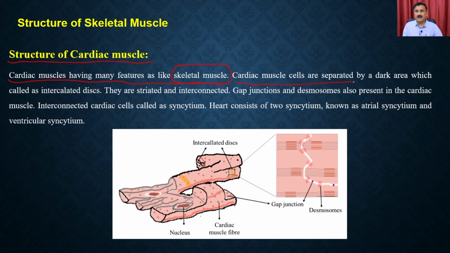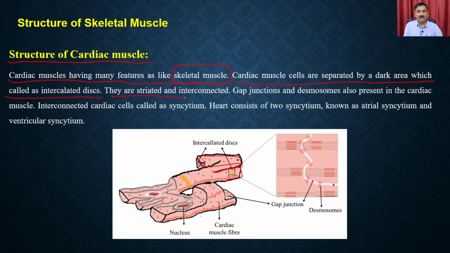Cardiac muscle cells are separated by a dark area called the intercalated disc, right? So this is one cardiac fiber, and this is another cardiac fiber, separated by an intercalated disc.